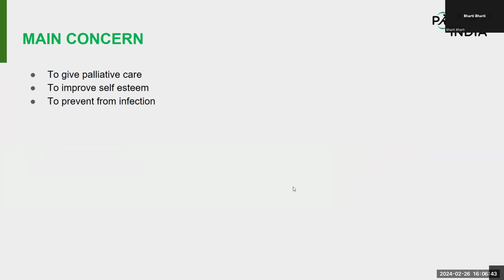Actually, your concern is to give palliative care to improve self-esteem and to prevent infection. But actually, the infection is already there. Antibiotics are going on. So here, is the infection on the stomal region or the peristomal region?